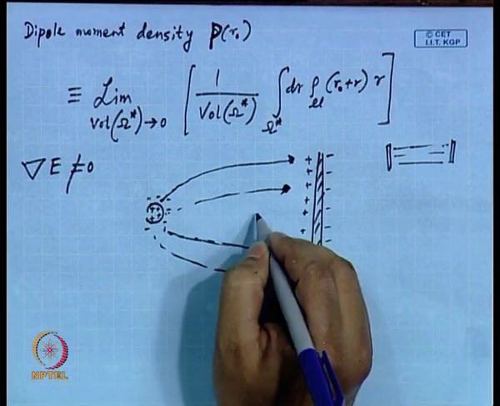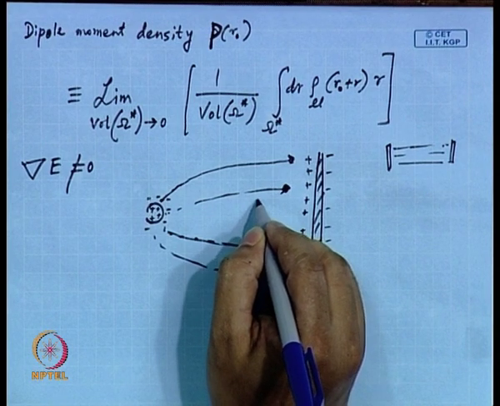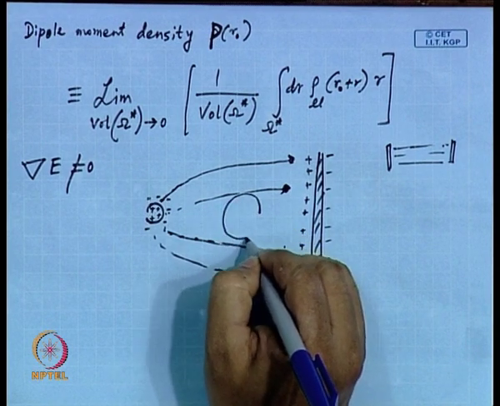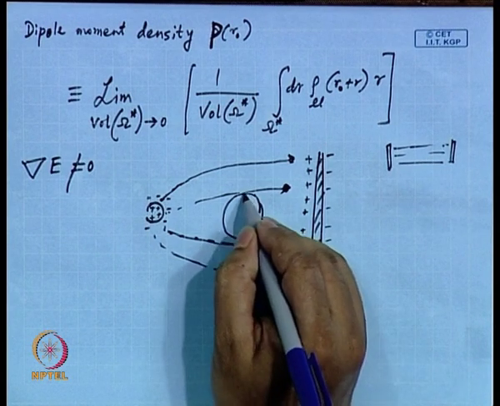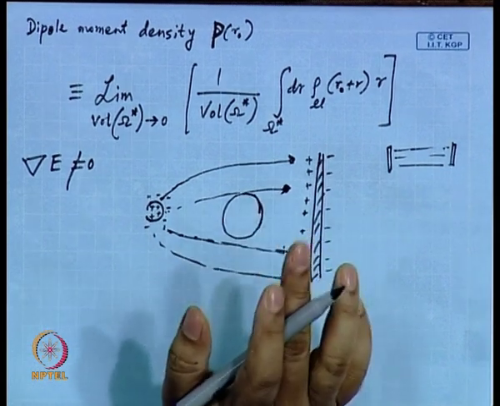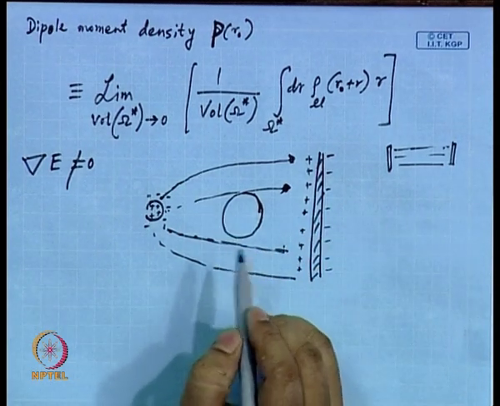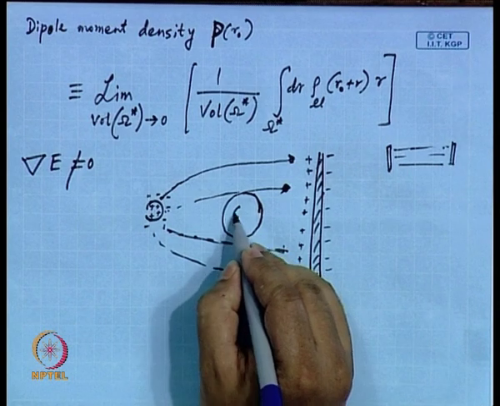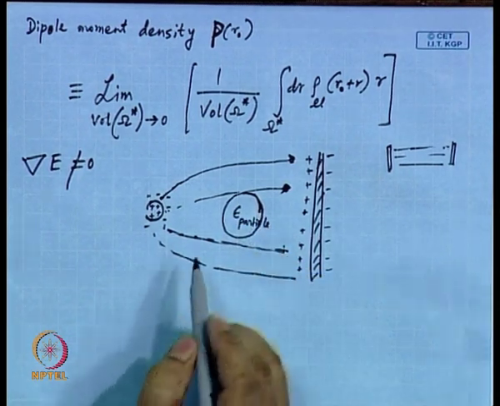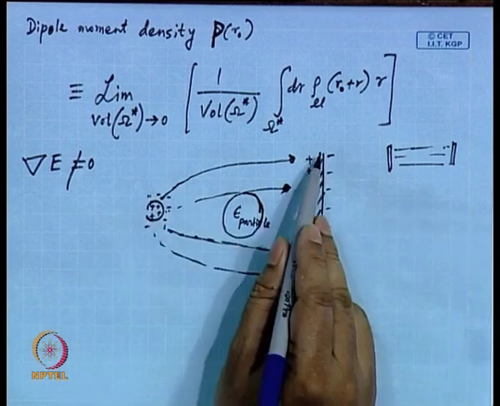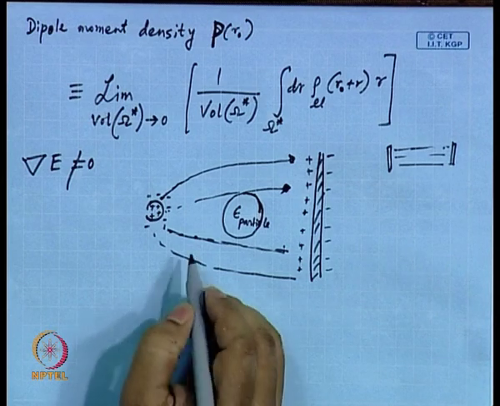Now, suppose you have a dielectric sphere present here. In this non-uniform electric field, you have put a dielectric sphere or dielectric particle, which has a certain epsilon. All right. So, we call this epsilon of particle, and on top of that you have a medium in which this particle is suspended, and let us call this epsilon fluid.